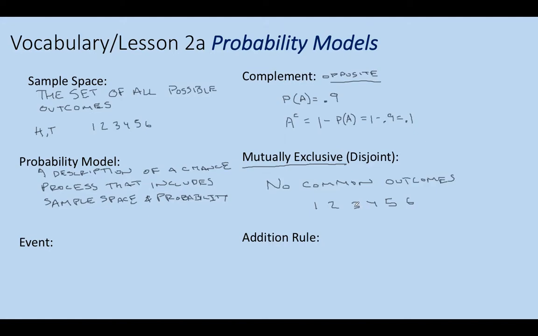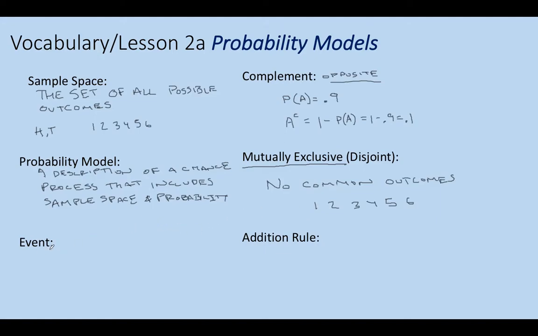Well, are there any 3s that are even numbers or even numbers that are 3? No. So those are what are known as mutually exclusive events. There's no common outcomes. As opposed to saying maybe something like, what's the probability of getting a 3 or an odd number? Well, 3 is an odd number, and so they have something that overlaps. And so those are not mutually exclusive.